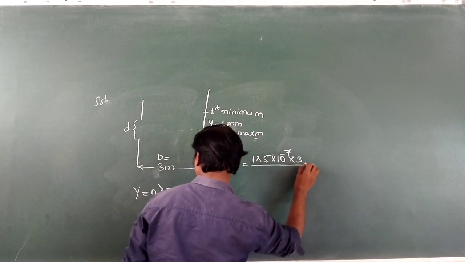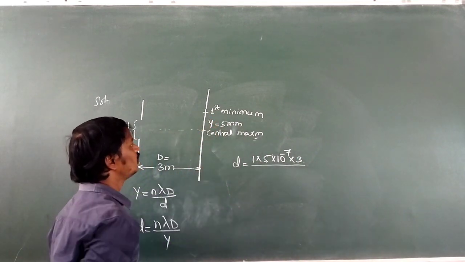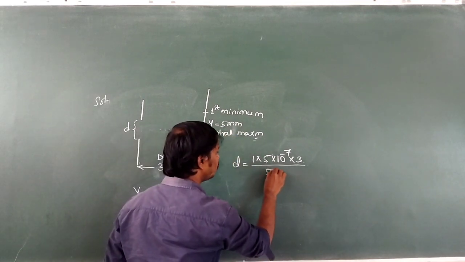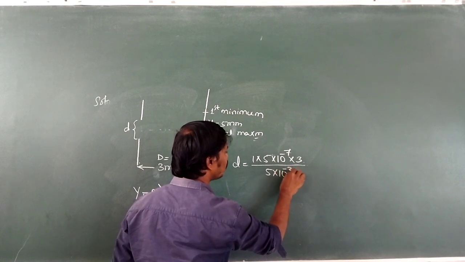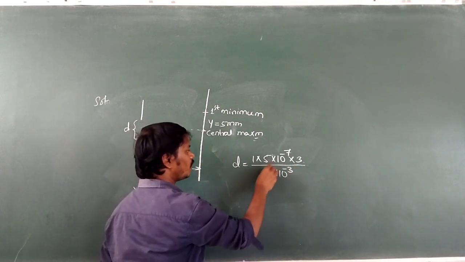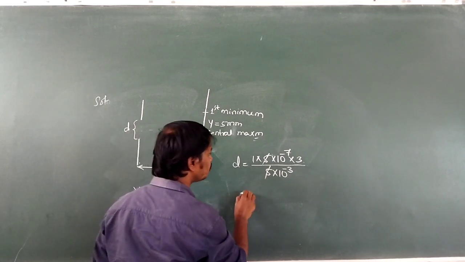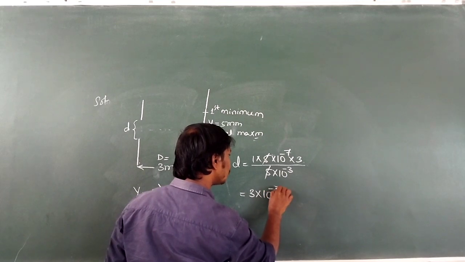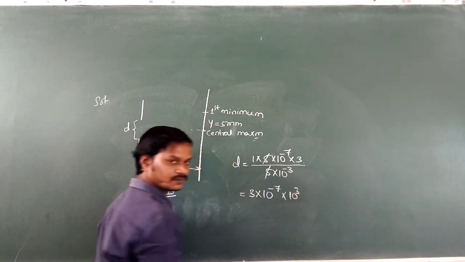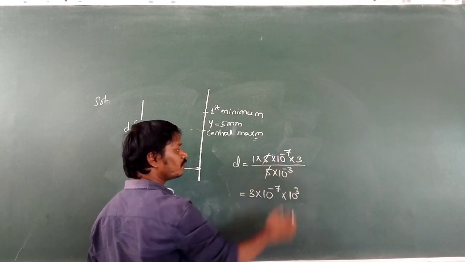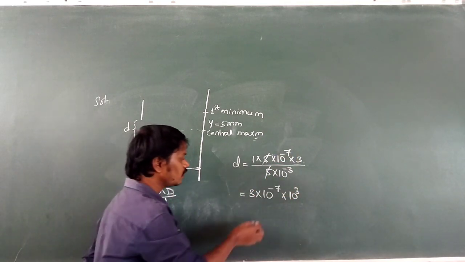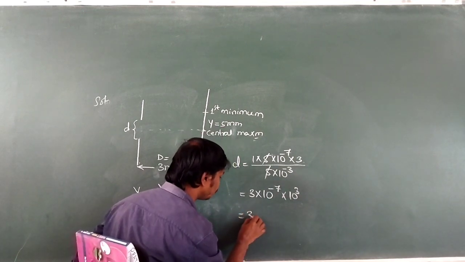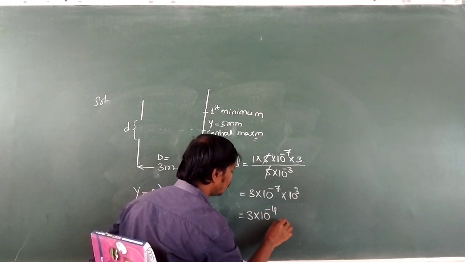D is 3 divided by, so the linear position of the first minimum from the central maximum, that is 5 millimeter. 5 millimeter means it is 5 into 10 to the power of minus 3. Then 5 gets cancelled. What remains now? 3 into 10 to the power of minus 7 into 10 to the power of plus 3. 10 to the power of minus 3 taken to the numerator becomes 10 to the power of plus 3. 10 to the power of minus 7 into 10 to the power of 3 is 10 to the power of minus 4. 3 into 10 to the power of minus 4.